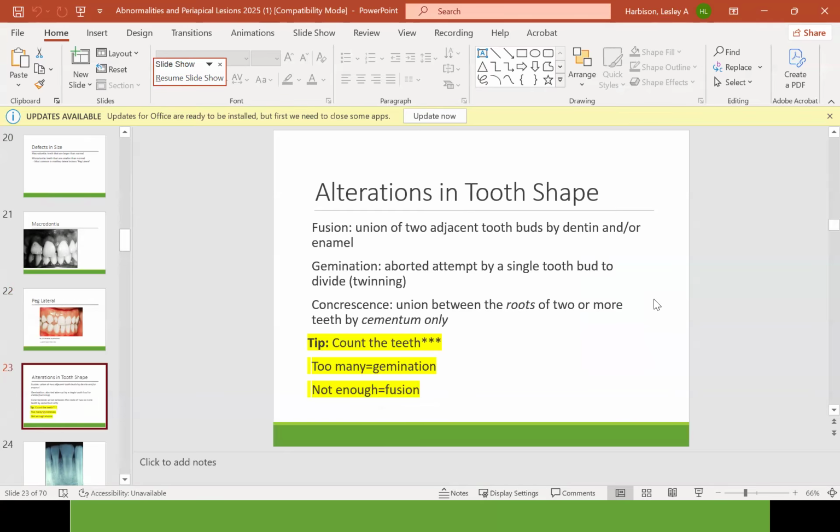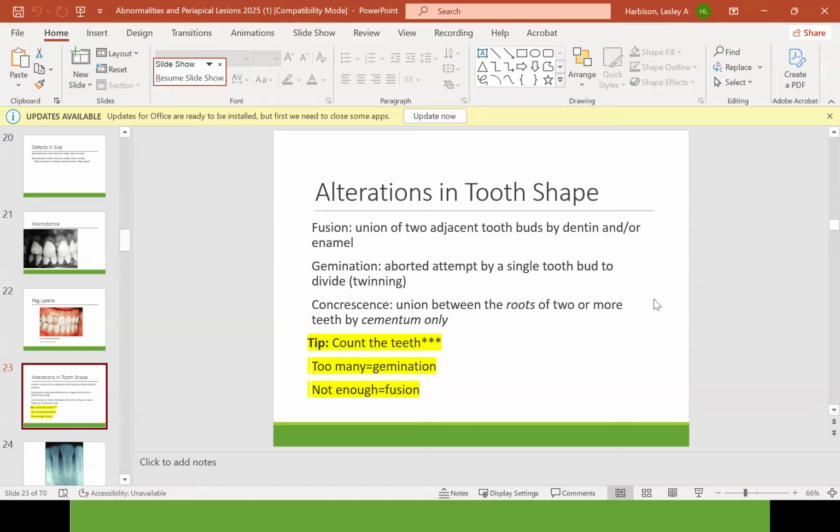Alterations in tooth shape is another one, and this goes into some of this fusion and gemination and just some abnormalities in the formation. So as the tooth forms, the shape gets changed. So fusion is the union of two adjacent tooth buds by dentin and or enamel.